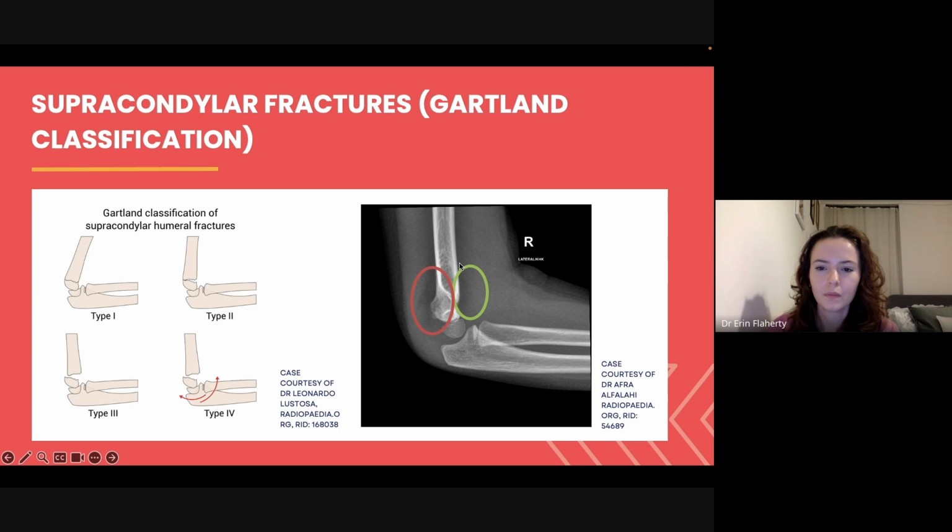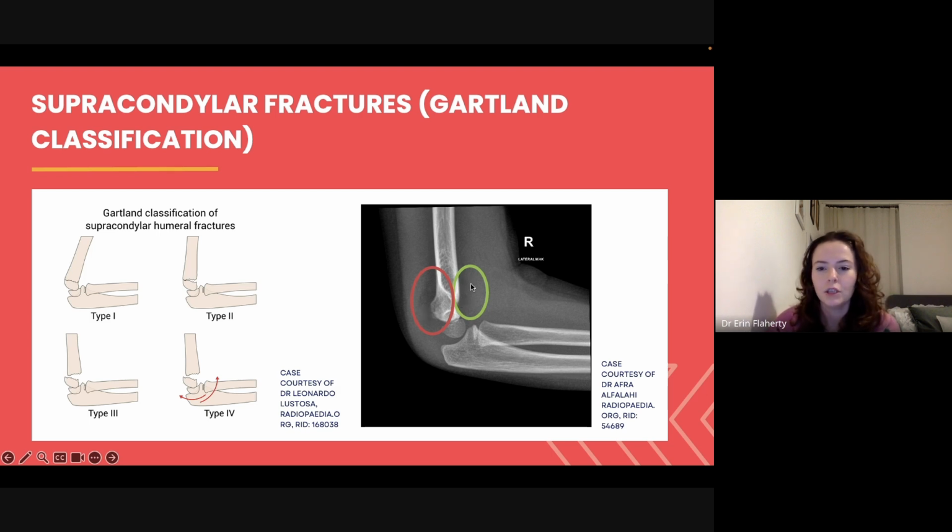So if you can see on this anterior side of the humerus, we've got this little bit of a shadowing here, which is a different color to this kind of subcutaneous skin. We've got a little bit of darkening here, and then also on the back we've got some darkening here, and these are our anterior and posterior fat pad signs.